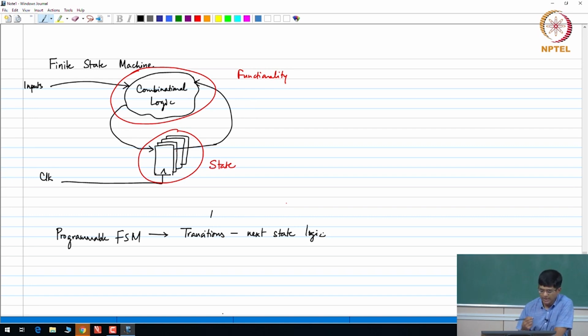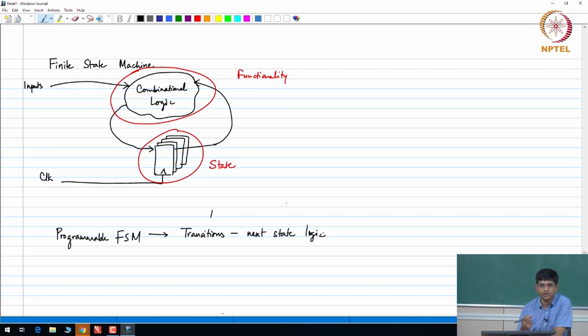So rather than saying that any time the present state is this and the input is this, then the next state should be this, and implementing a combinational logic that does that, what if I replaced that combinational logic with something which could be changed dynamically at any time that I wanted?